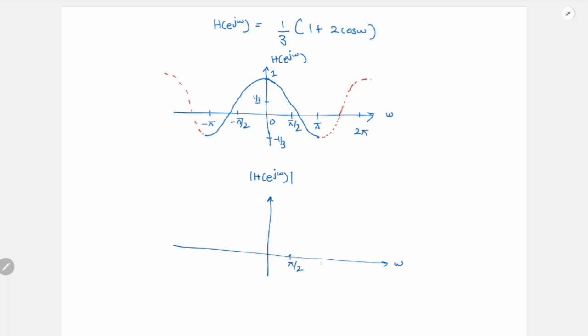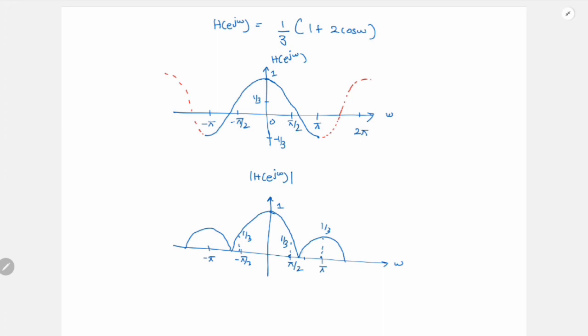I have pi by 2, pi, minus pi by 2, minus pi. It will come down like this, close to pi by 2, and then again it is going to repeat like this. Here it is 1, here it is 1 by 3, and at pi it is again 1 by 3.